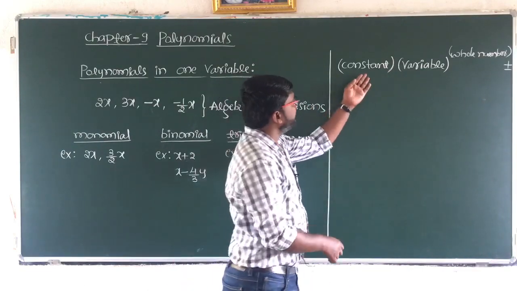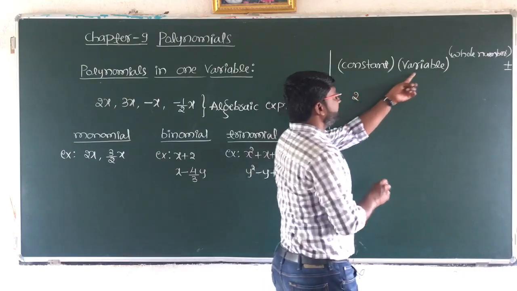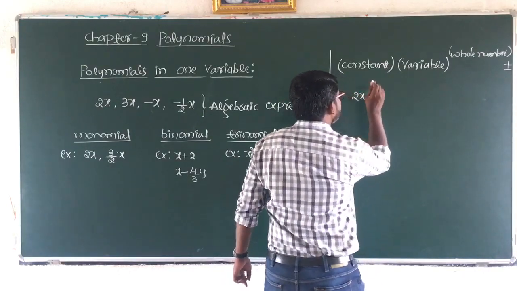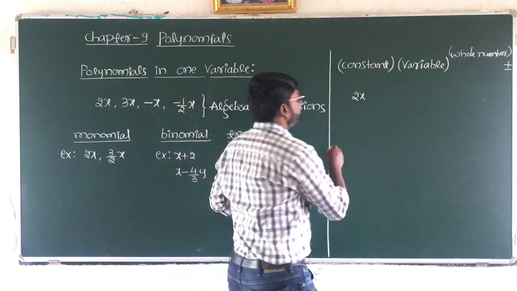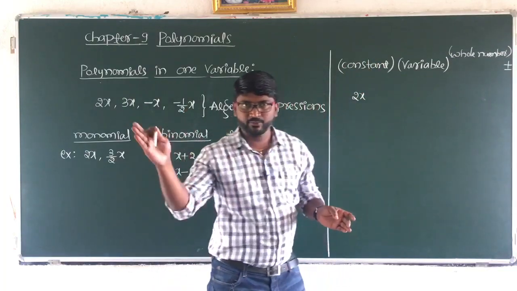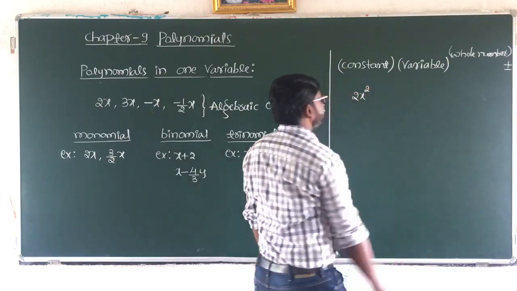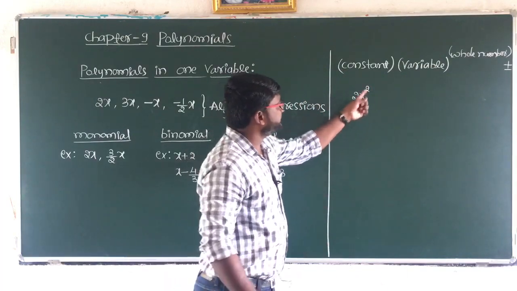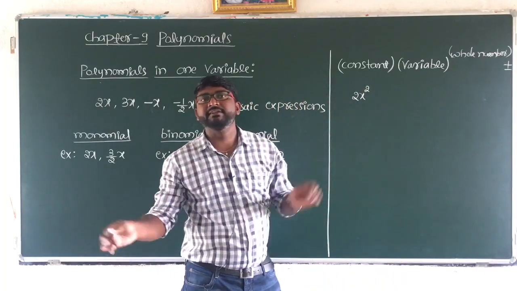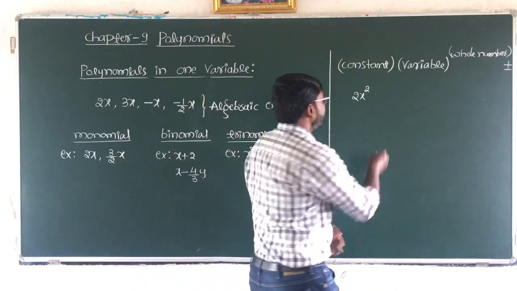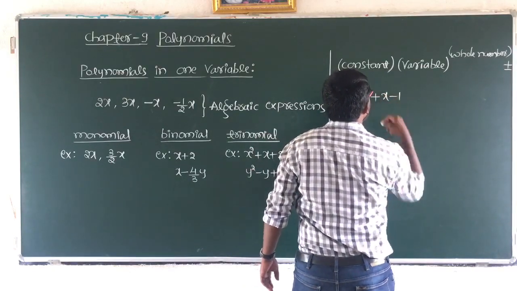For example, a constant is nothing but 2; you can take any constant here. The variable here is x, and 2x to the power whole number. The whole numbers start from 0. So I can take the power of x as 2, x square, plus or minus some other terms, plus x minus 1.